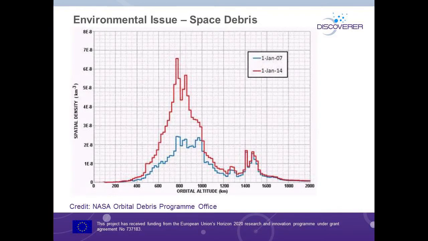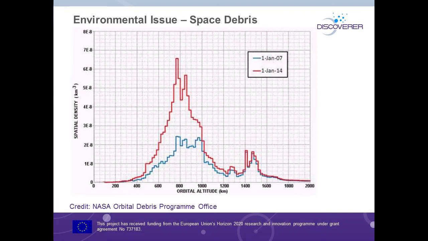Looking at this in a different way in terms of the range varying with orbital altitude in very low Earth orbits, again, this larger change is to do with both the Cosmos-Iridium collision, but also the Chinese anti-satellite test, which produced, again, an awful lot of debris. And so you see this change. In this case, this is in spatial density. So this is a way to try and assess how much debris is producing a risk to your satellite in a particular orbital altitude.